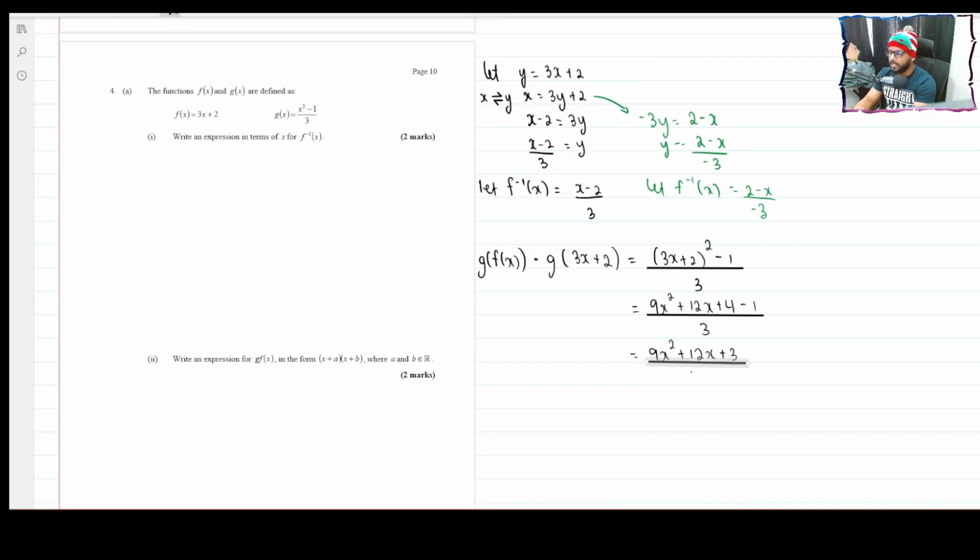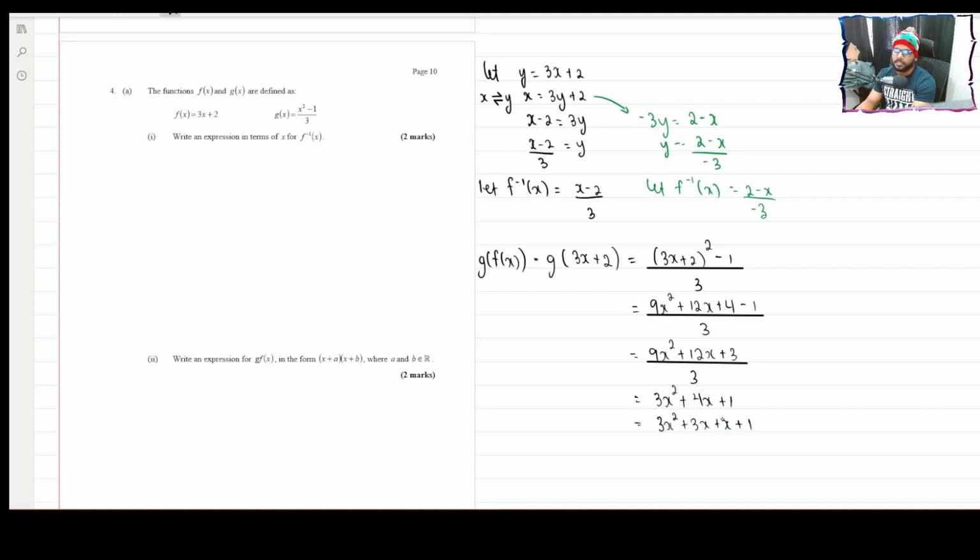I can divide each term by 3, which will give me 3x squared plus 4x plus 1. And I'll go ahead and factorize this. 3x squared plus 3x plus x plus 1. There are plenty of ways to factorize.